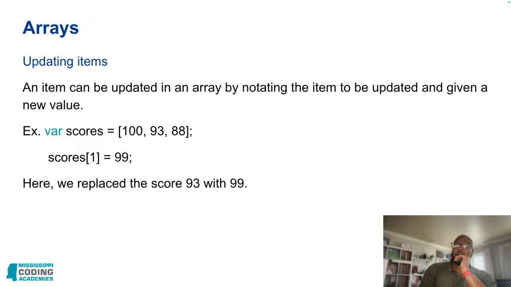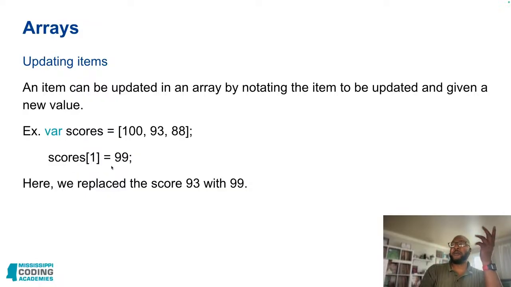Let's look at updating items in the array, because we saw how we can update an item with a variable. How can we update an item in an array? All we have to do is take the item with a certain index and update it, like so.